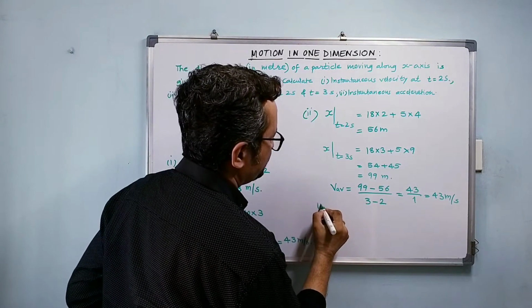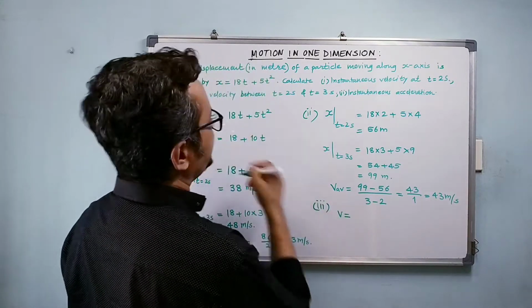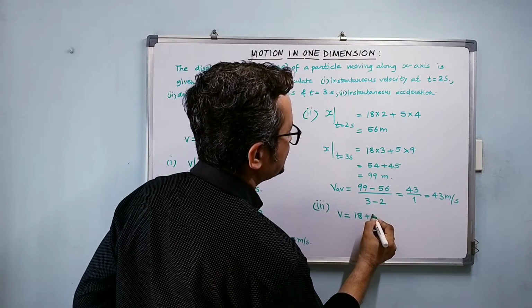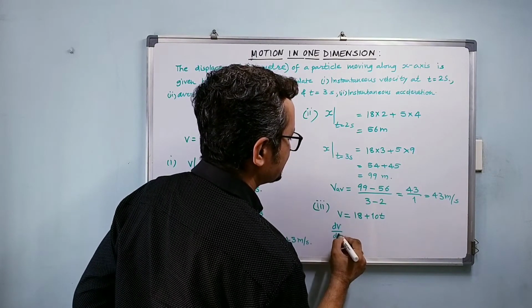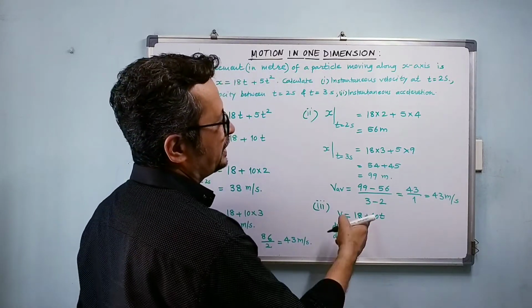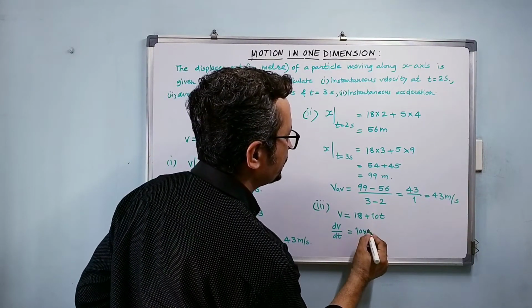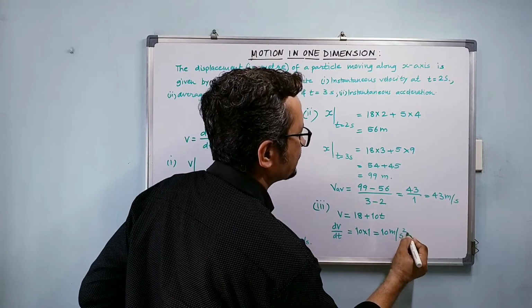So in part 3, v equals 18 plus 10t. So dv by dt: 18 is constant, its derivative is 0, and then this is 10 into 1. So that means it is 10 meters per second squared.